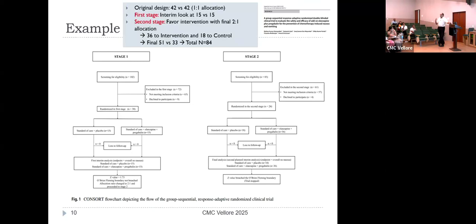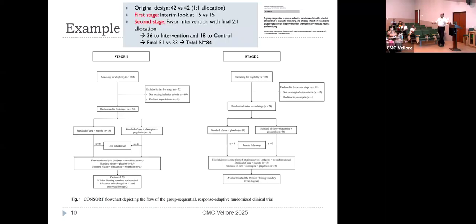They told the statistician, you just need to change the randomization scheme. Or no, they didn't say this, but my guess is that originally in the protocol, when they designed the study, they had 2 randomization schemes developed. One that was 1-to-1, and one was that 1-to-1 up to 30, and then 2-to-1 for the next 54.